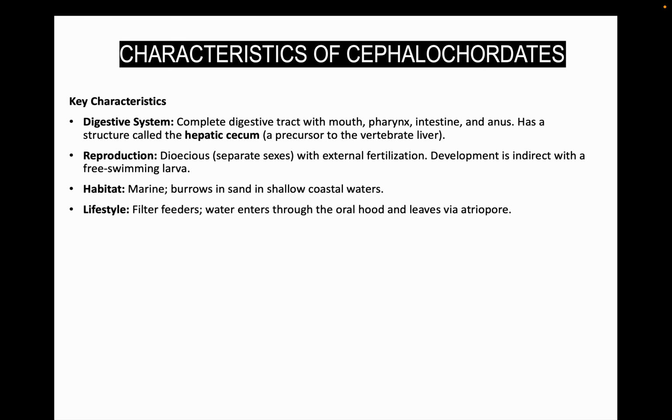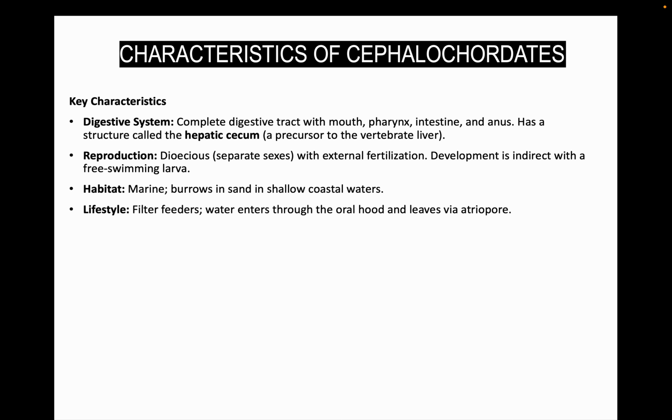More about cephalochordates. The key characteristics of this group include a complete digestive system, characterized with the mouth, a pharyngeal muscular structure, the intestines, and the anal opening.